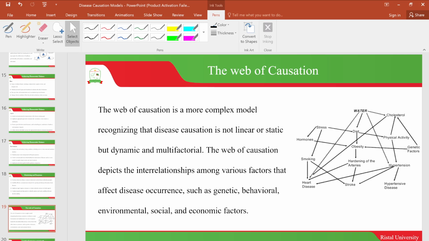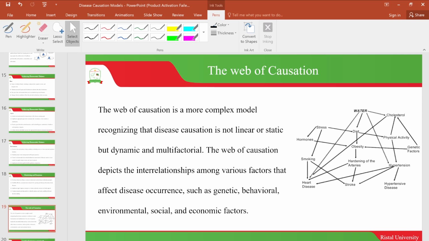We have many factors that interplay in different ways. That is what we call the web of causation. It is the recognition that we have different factors that interact to cause a particular disease.